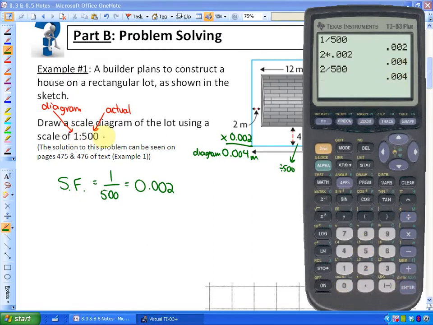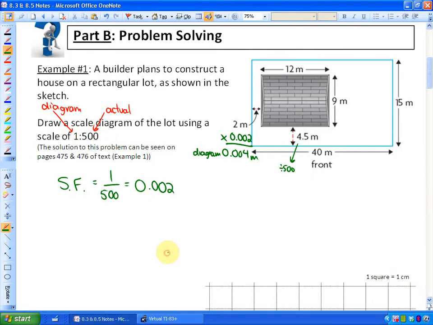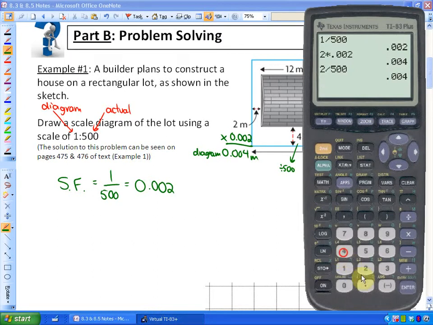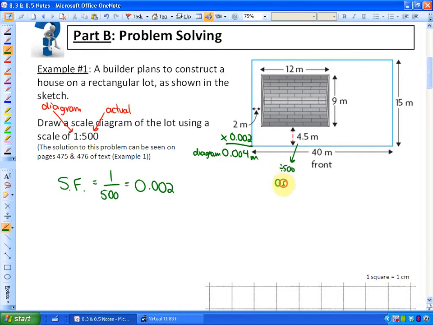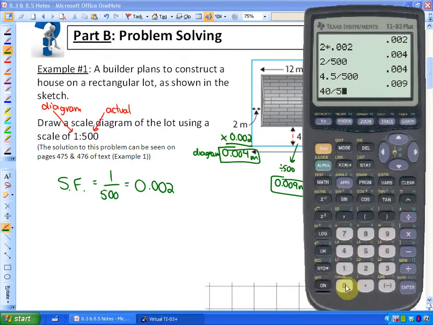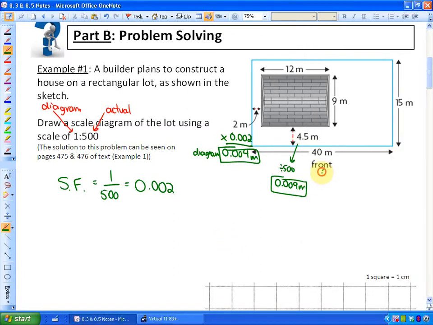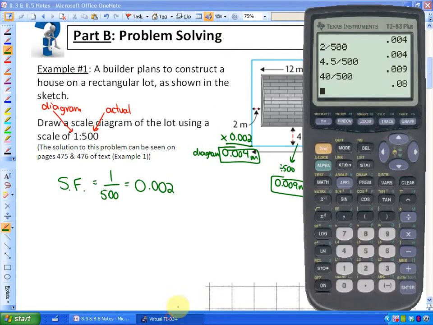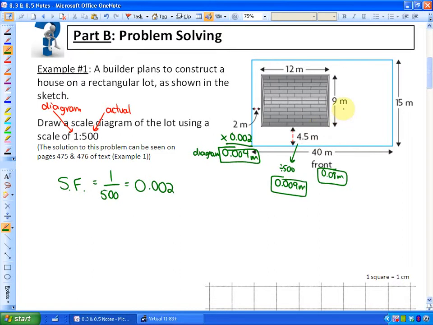So you can either multiply by the scale factor, or if you know it's 500 times smaller, you could divide by 500. It's up to you. I'm just going to divide them all by 500. So 4.5 divided by 500 is 0.009 meters. So these are all the diagram measurements. 40 divided by 500 is 0.08 meters. 9 divided by, sorry, should be divided by 500, 0.018.